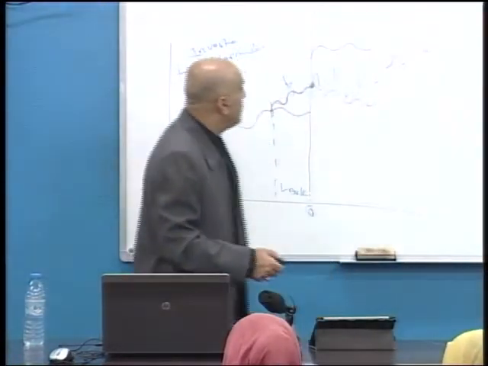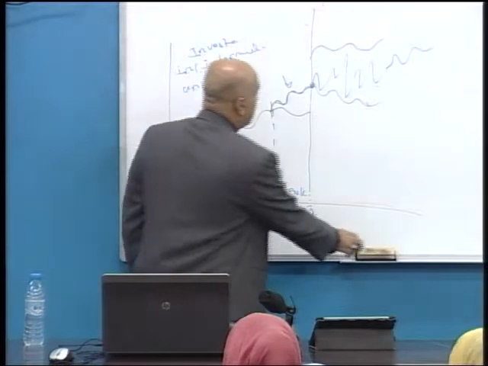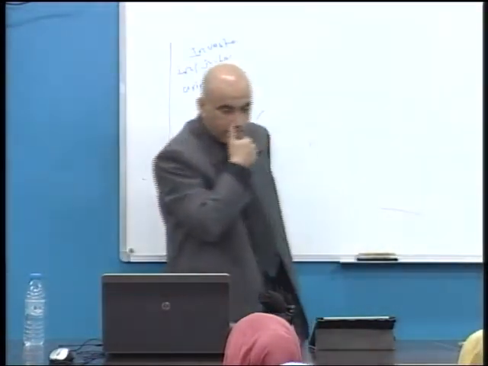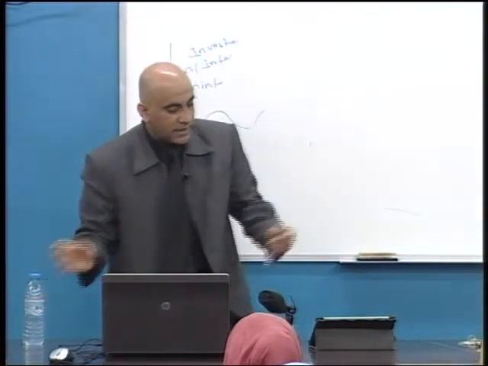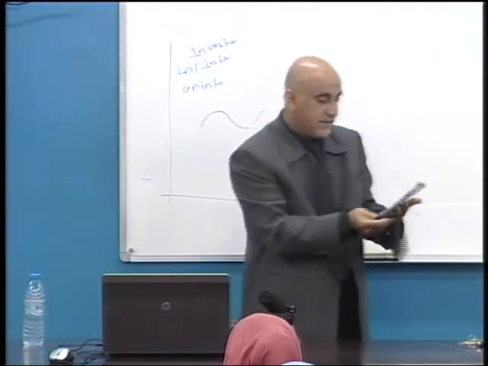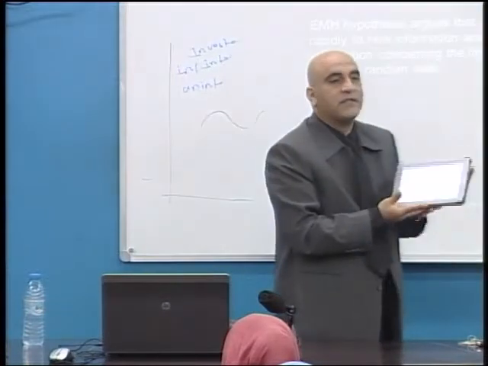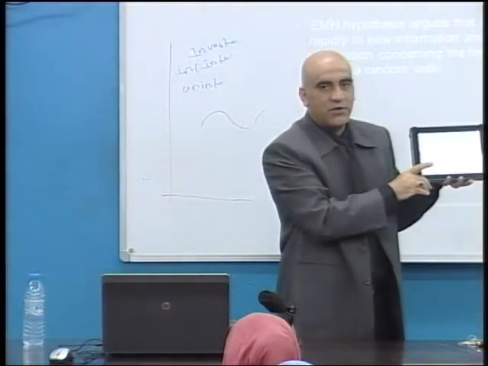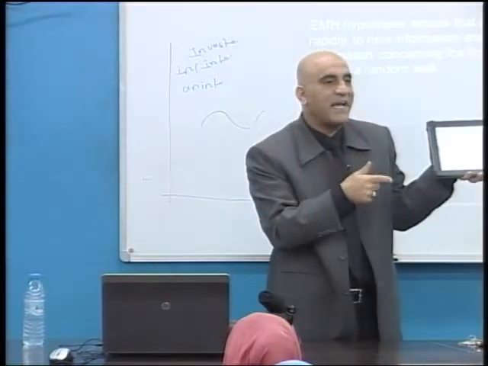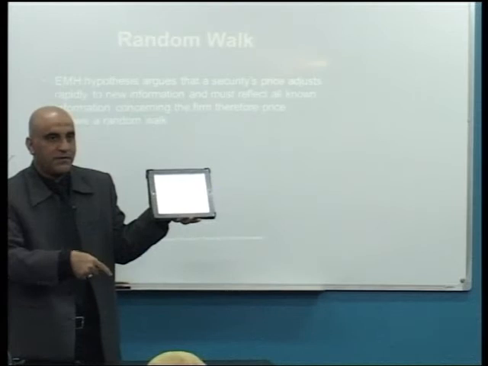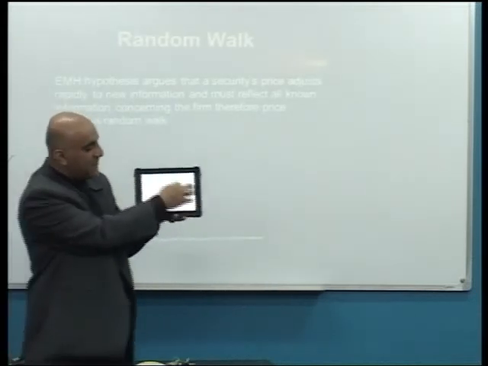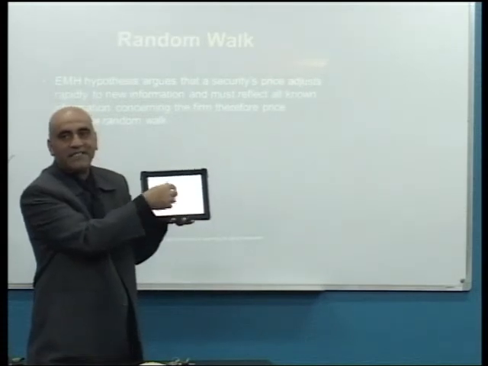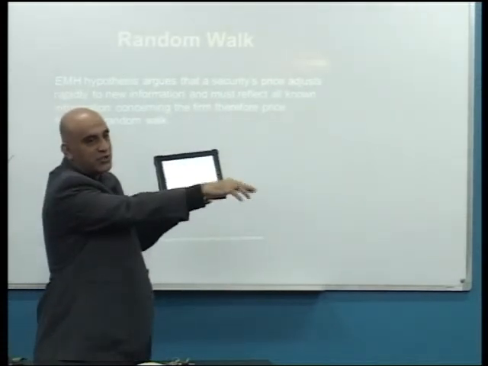Now, we will talk about the forms of efficient markets. You can look at this slide. Look at the price. This is on the event of bad news. Look at the price, it dropped. But if there are smart people in the market, or if the market is leaked, then the price gradually goes down.